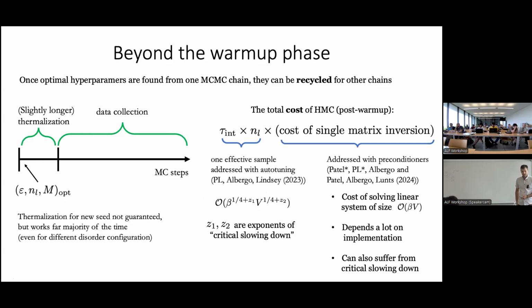Are there cases where Z1 and Z2 are 0? Yes, I'll show that in a second. Is there a known case where Z1 and Z2 are significantly different? I don't know about significantly, but I'll show in this next example where they're different.